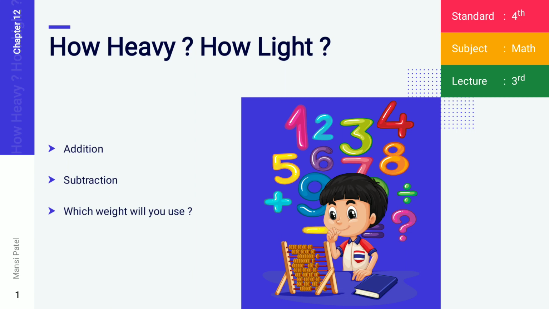You are not supposed to add or subtract kilogram and gram. If you want to add or subtract, then both the units should be in gram or both in kilogram. So let us start our session.